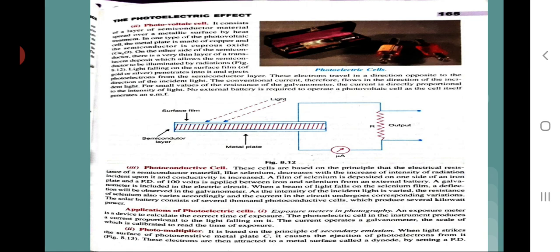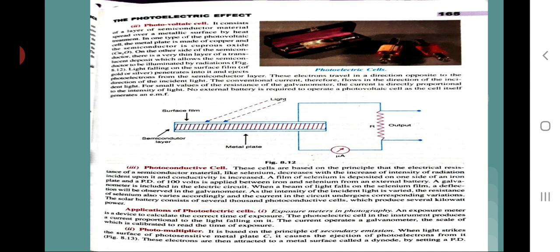The current operates a galvanometer, the scale of which is calibrated to read the time of exposure. This application was used in the last decade, in the past, when there was no advanced technique of photography. Now photocells are used in photography.